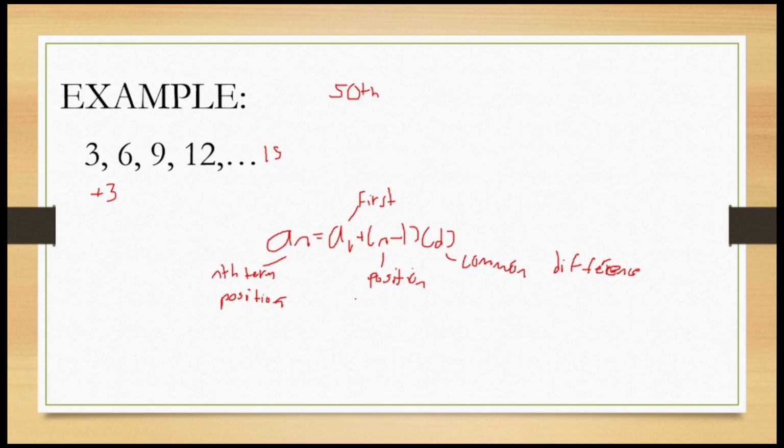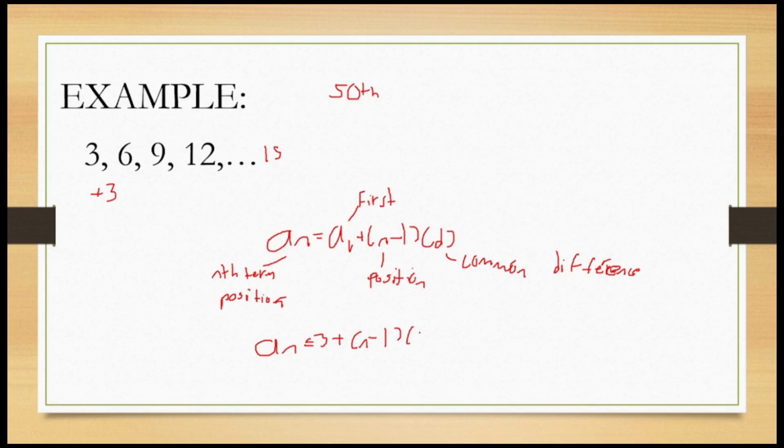So if we simplify this and substitute all the values, it would look like this. a_n, and we will not replace this with 50 because we're trying to find the n-th term rule, equals a_1, the first term, which is 3, plus the quantity of n minus 1. We'll not substitute n here because we're trying to find the n-th term rule.